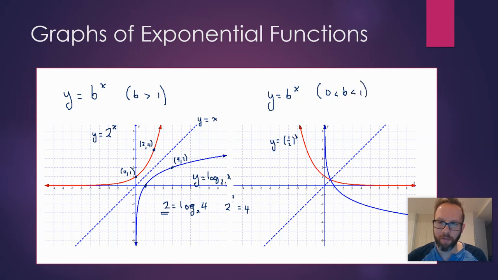It will also have a y-intercept of (0, 1), but it will be decreasing like so and have its asymptote towards positive infinity. In the same way, I've graphed the inverse of that, log base 1/2 of x. So that's a quick crash course review of what your exponential functions look like and what logarithms are.